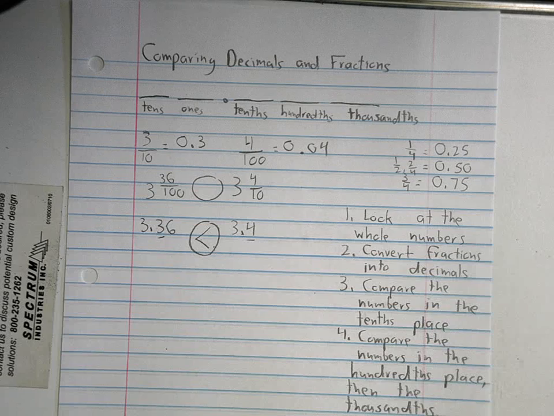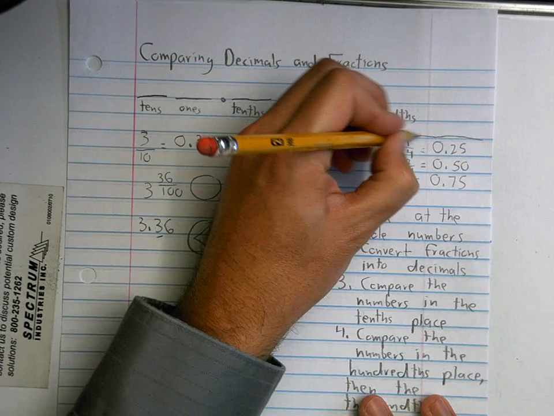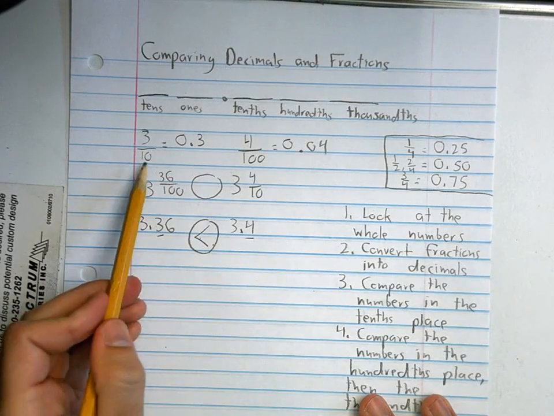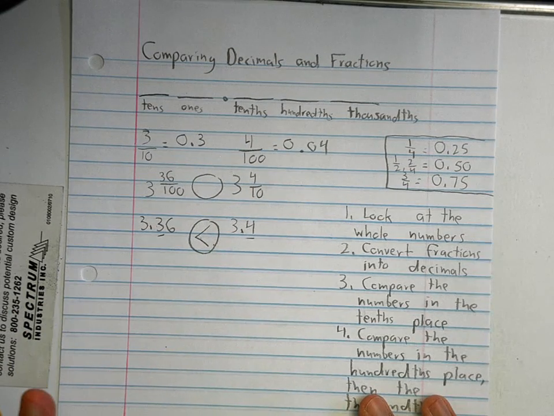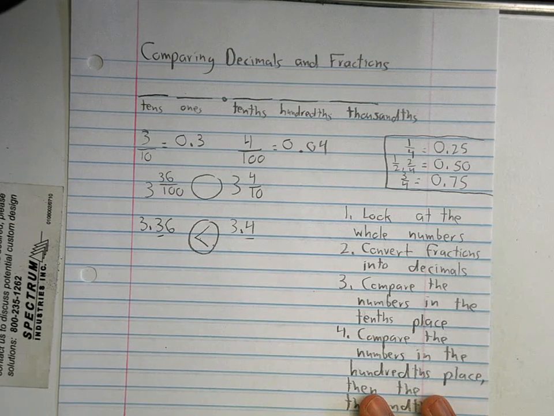Now, one thing you're going to need to know how to do is what happens if the fraction isn't one of these, or the denominators don't have a 10 or a 100 in them. So I'm going to give you a couple new ones, okay?